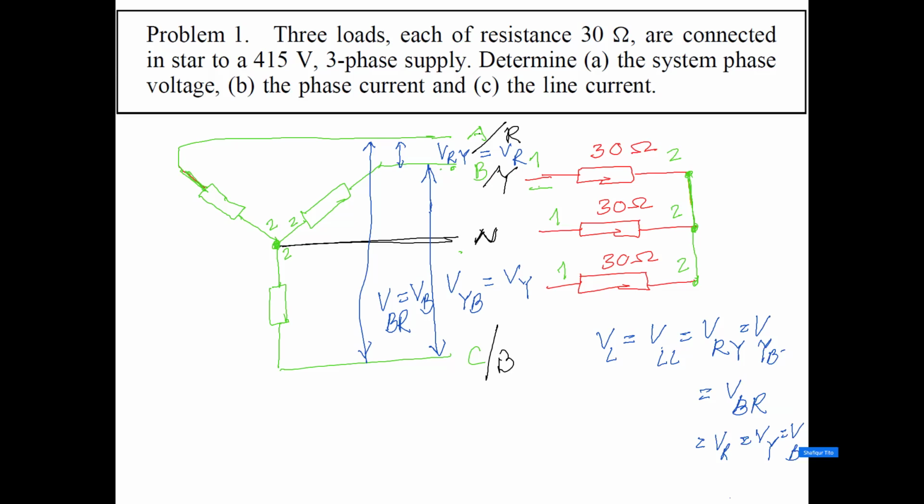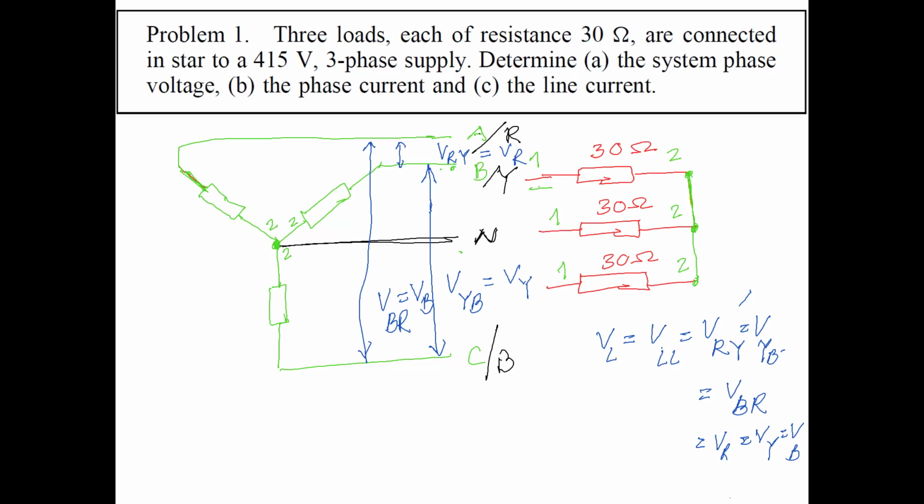And in positive sequence, we will learn this one later. We are writing equal because we are considering this a balanced system. So everything is equal, all the magnitudes are equal. Only they are separated by a 120-degree phase shift. So each relation can be identified as a 120-degree phase shift, which I will draw later.